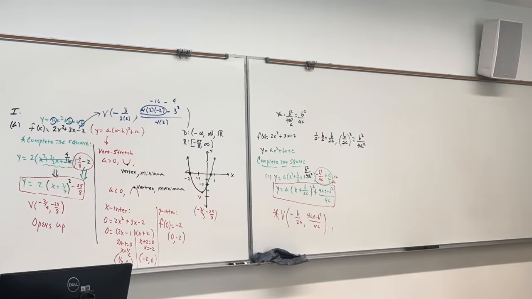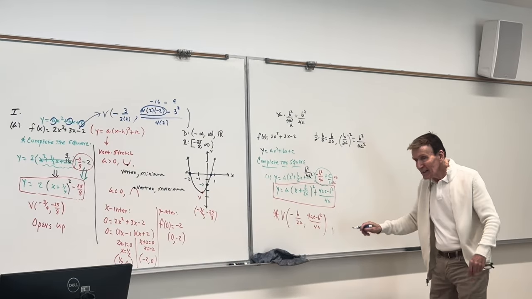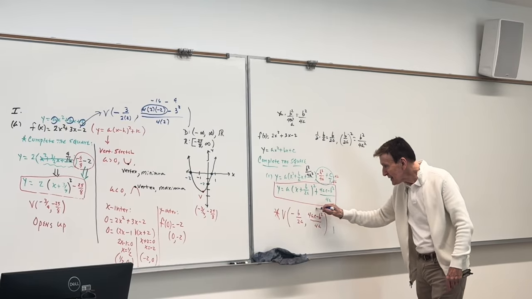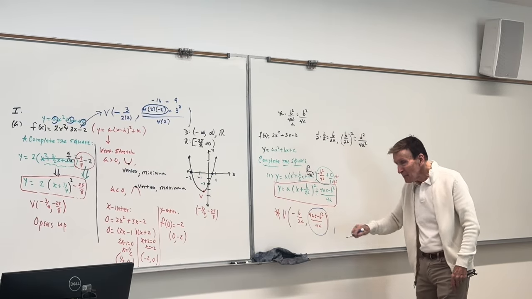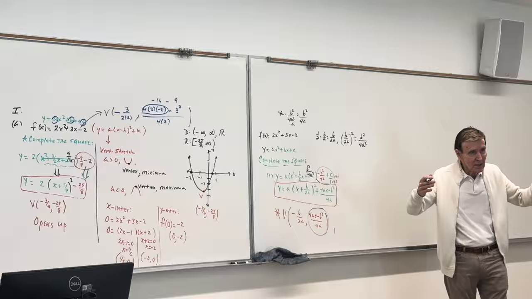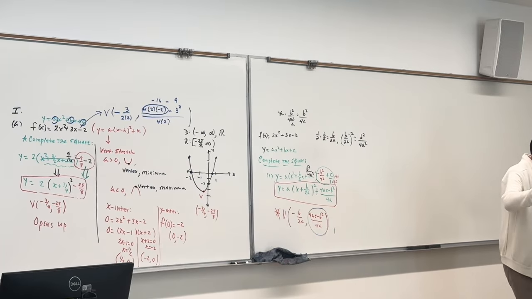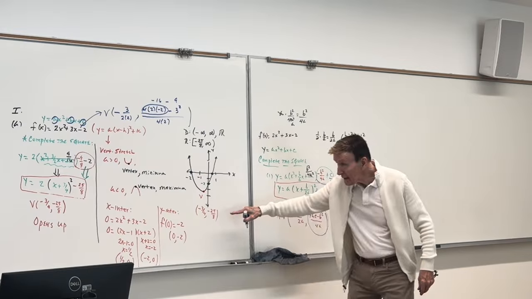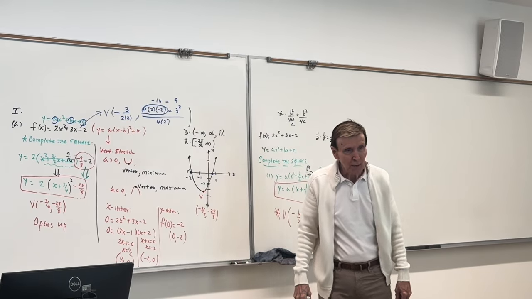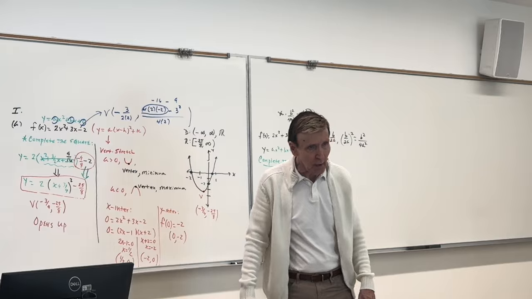Does anyone think they know another way to find this, maybe without using the 4ac minus b squared over 4a, even though it works? Is there another way to find the negative 25 over 8? Maybe without using the 4ac minus b squared business.